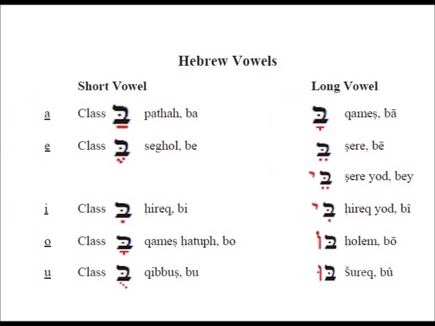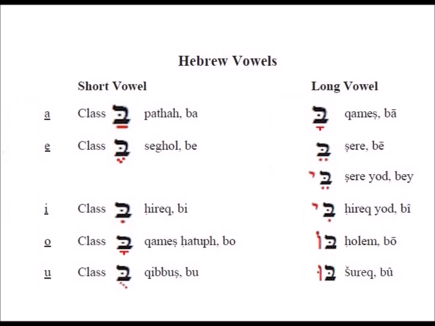That looks like a Kamets, except it occurs in a closed syllable. And Bo is Holam Vav, that's the long O. And the Qibbuts is like a slanting three dots. U, Bu. And Shuruk is like a Vav with a dot in the middle.